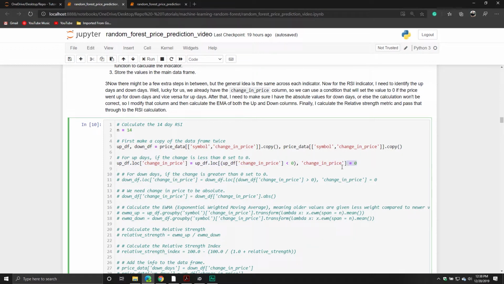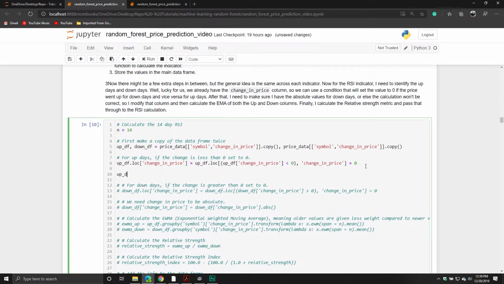So basically this column will only contain positive values, or sorry, not always, because the other one does do technically, but it's only going to contain the rows where the price moved up. If it didn't move up, it's just going to be 0. So this is important because, again, the RSI indicator does require the change in price, so it needs the average up and average down. So we have to first identify over the last 14 days how many times did it go up and stuff like that.